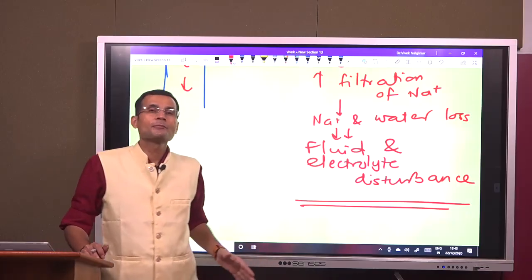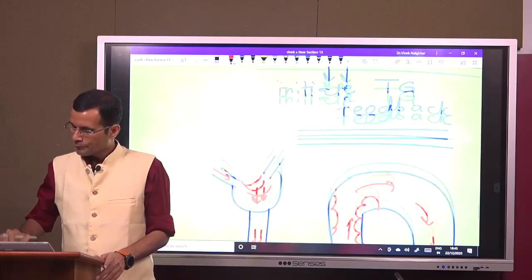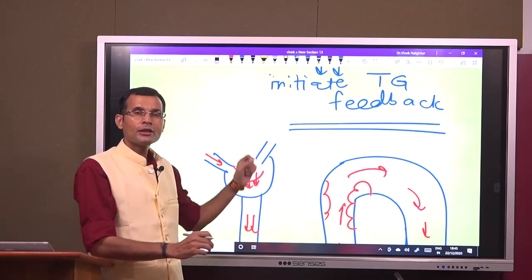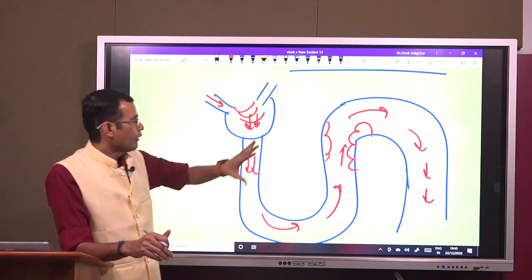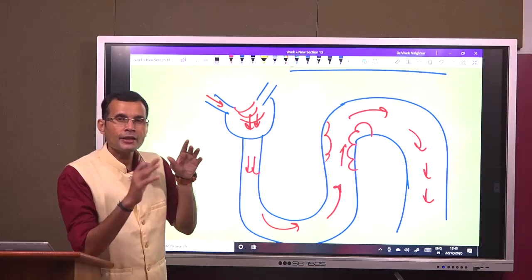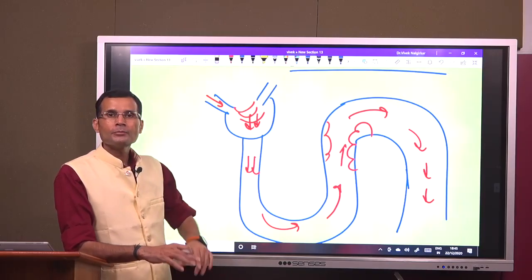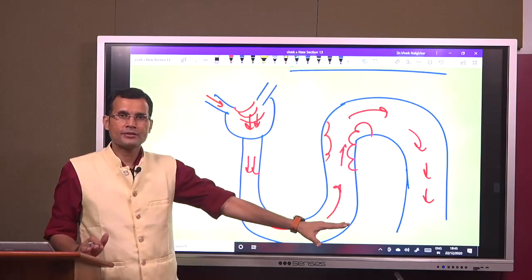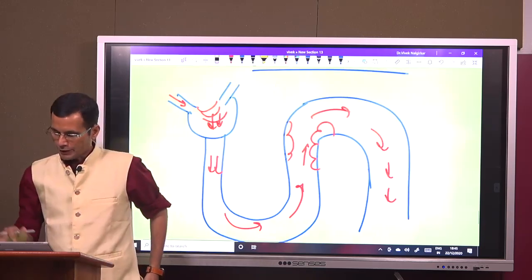But thankfully, we have a mechanism in the form of tubuloglomerular feedback. That means from the tubule to the glomerulus, a signal is being sent, and this disturbance will be prevented. That's tubuloglomerular feedback.